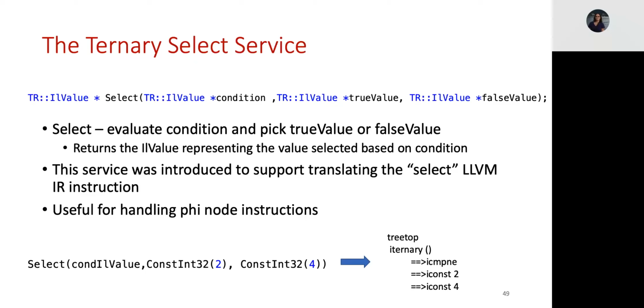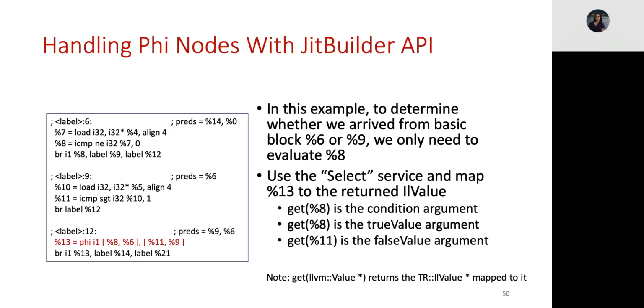So here's an example of how the IL generated by this service looks. In this example, to determine whether we arrive from basic block %6 or %9, we just need to evaluate %8. So what we need to do is evaluate %8, and if %8 is true, we jump to %9.